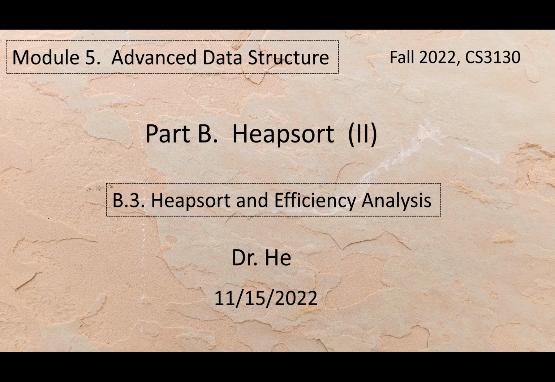So let me describe the Heapsort idea. The efficiency analysis is trivial, just a few lines. Hopefully we complete B.3 today, so we do not need to come back to this topic in our next class.